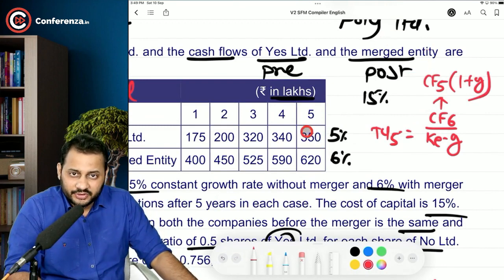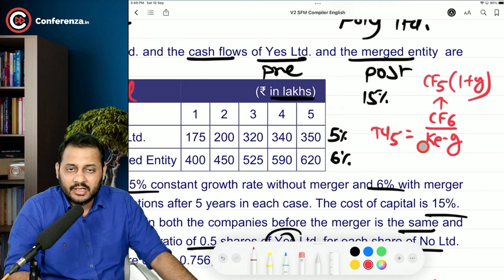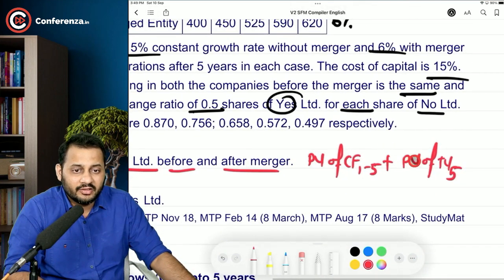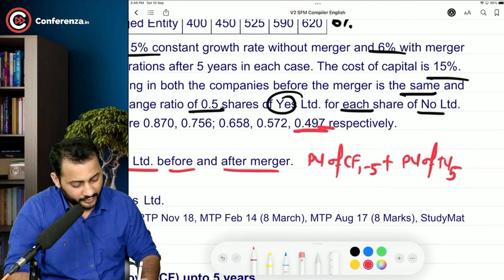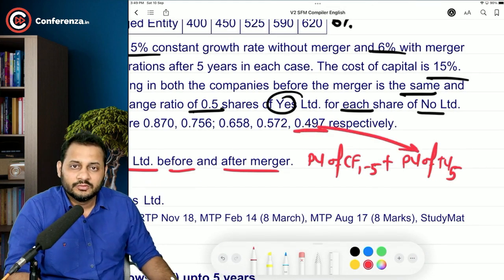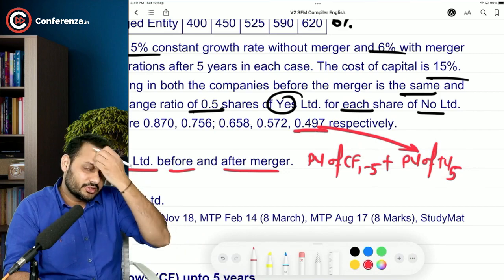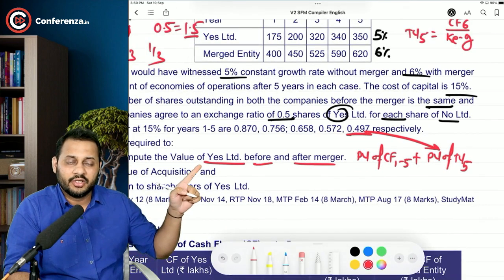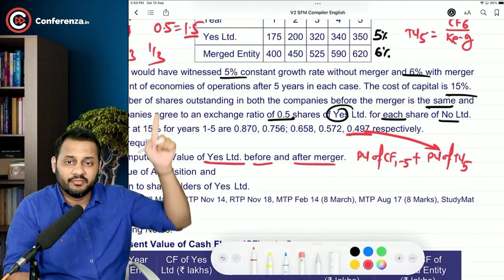It is given in this question, right? 350 and 620. You will add the growth of 5% and 6% in that. And by calculating the perpetuity, you will calculate the terminal value at the end of year 5, and terminal value at the end of year 5 will be discounted with this 0.497. And then add the present value of cash flow for first 5 years. That's it. This is going to give you Yes Limited's value before merger.